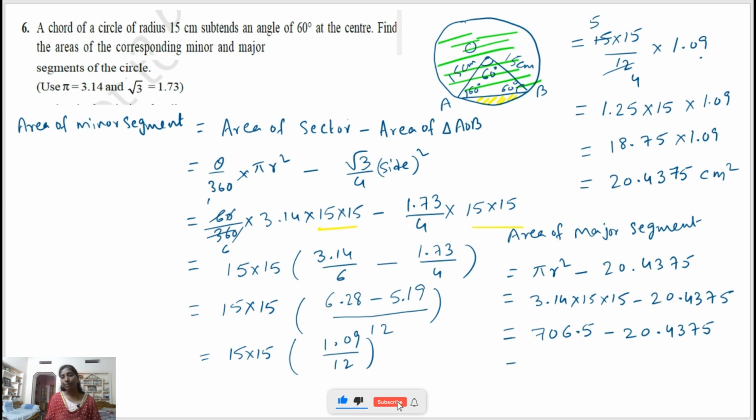Now if you subtract, then you will get the final answer 686.0625 centimeters square. Okay, so this is the area of the major segment.